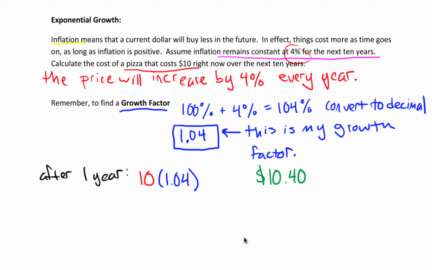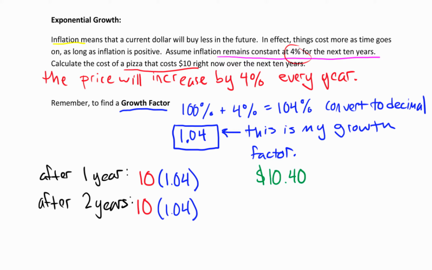So now here's what the exponential growth idea is. After 2 years, it's going to increase by 4% again. What I'm going to do is take that new price and multiply that by 1.04. This is what it was after 1 year.